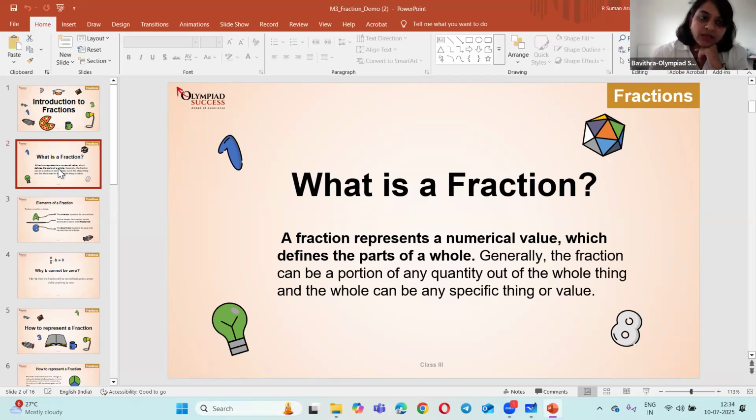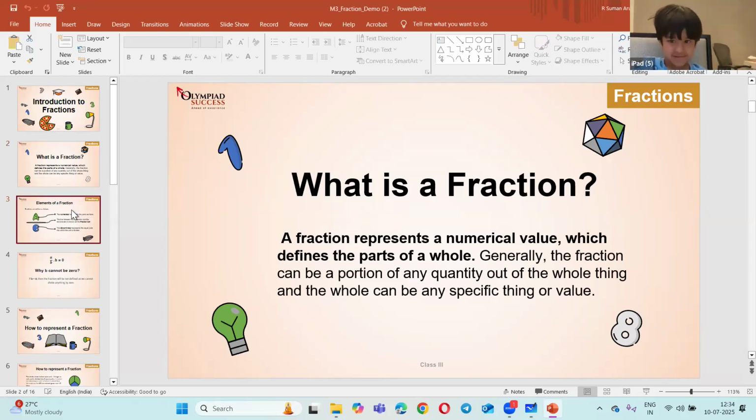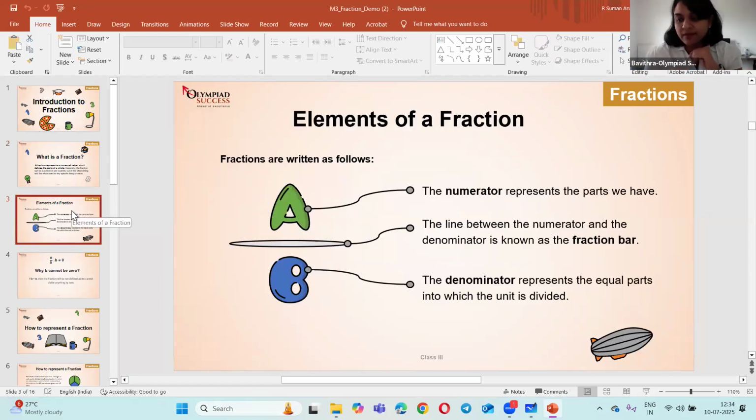So, similarly, pizza. Do you like pizza? Yeah. How many slices can you have in a pizza if you're so hungry? 8. All right. So, let us imagine there is a pizza with 8 slices on it.